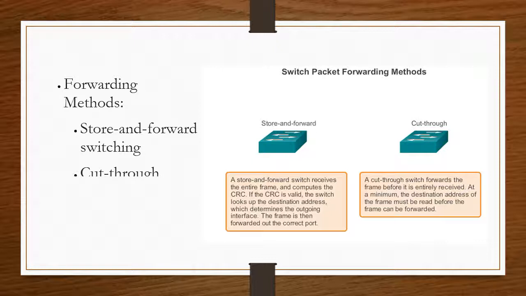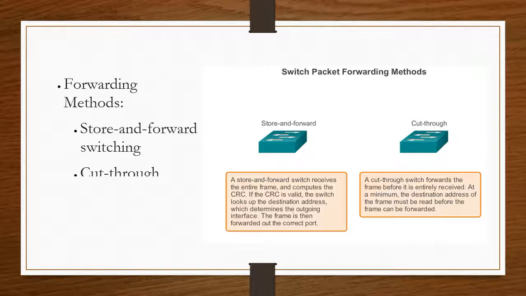Switches used one of the following forwarding methods: store-and-forward switching or cut-through switching. In store-and-forward switching, when the switch receives the frame, it stores the data in buffers until the complete frame has been received. During the storage process, the switch analyzes the frame for information about its destination.